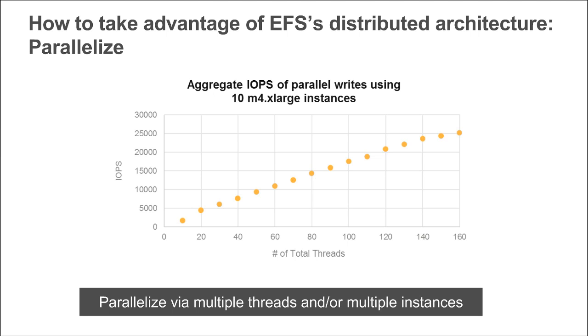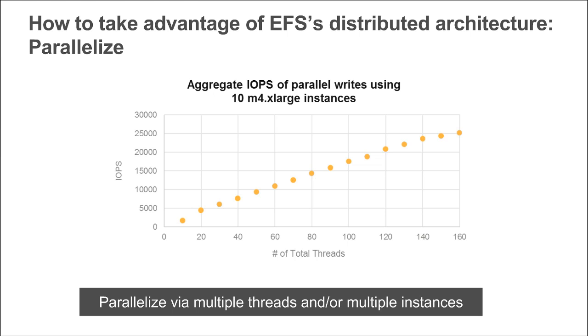And EFS is designed to process high volumes of concurrent operations on a file system. That means that you can send multiple operations in parallel by using multiple threads from a single instance or from multiple instances. To show you the type of aggregate performance you get as you parallelize your workload, this graph shows on the y-axis the aggregate IOPS that EFS is delivering to a sample workload that we ran, and the x-axis is the total number of threads.